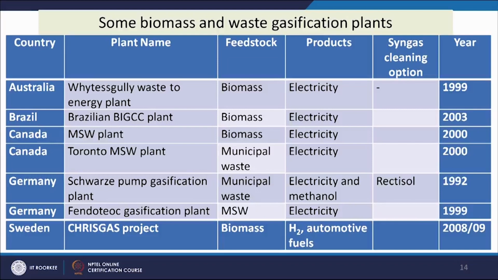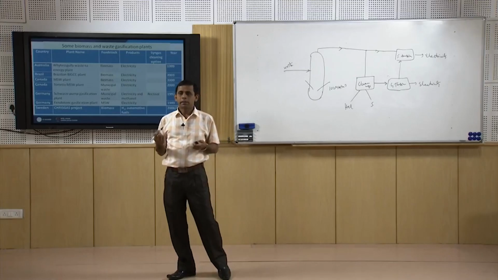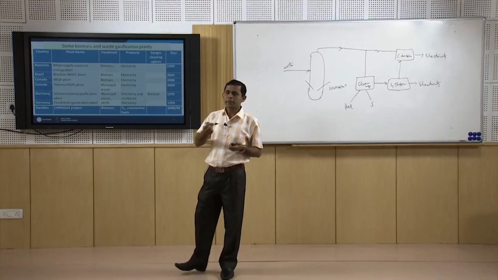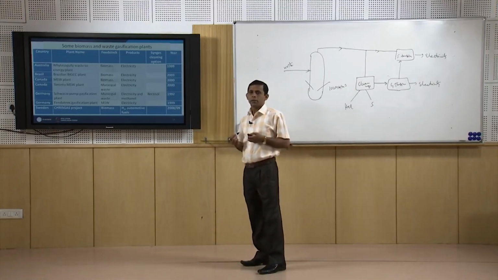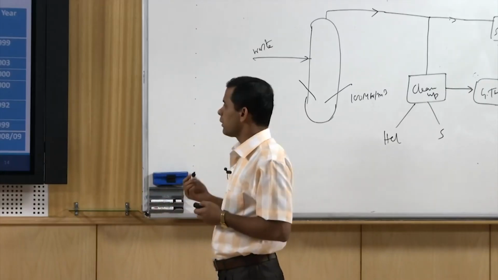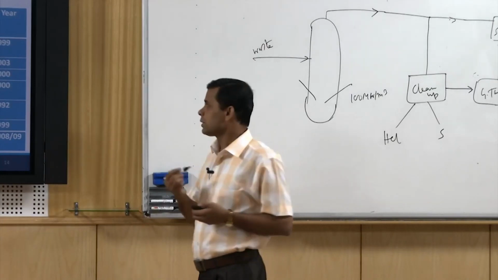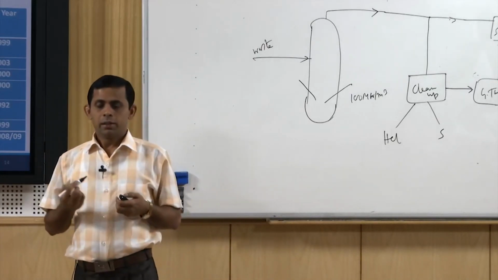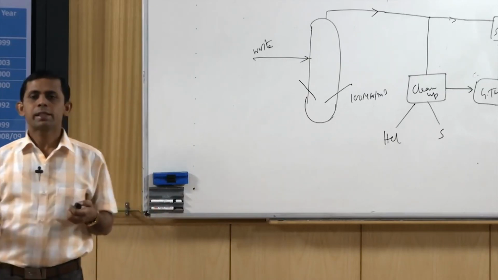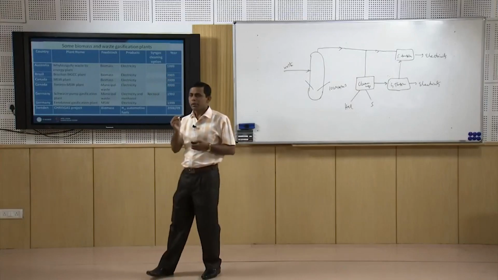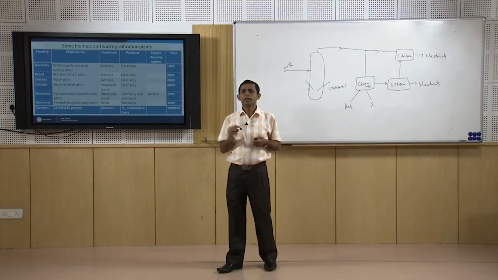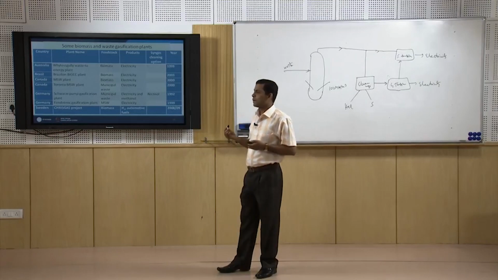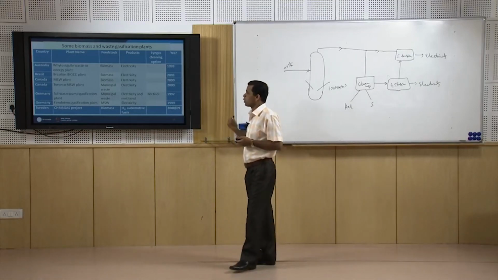Why so? The reason is the price of the product and the competitiveness in the market. To make the process competitive, the production capacity should be very high, but the biomass and waste gasification process produces less syngas. So a small amount of syngas cannot be processed economically in comparison to other processes.